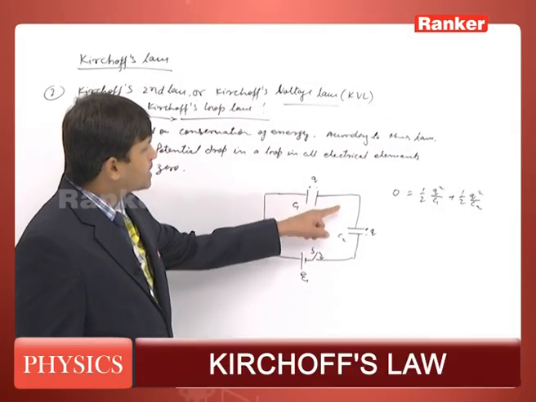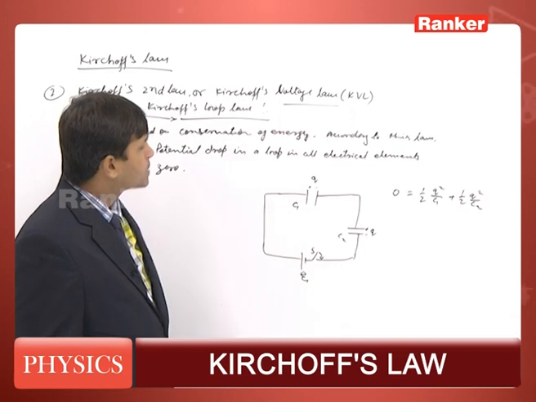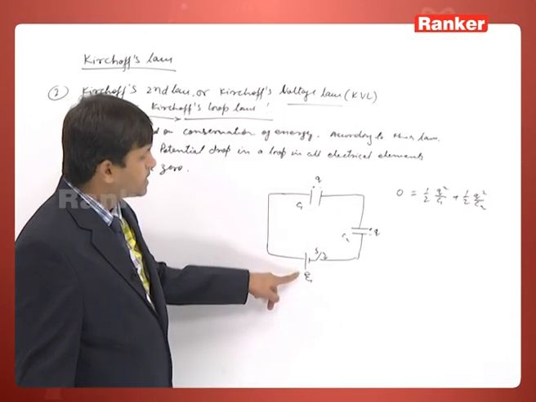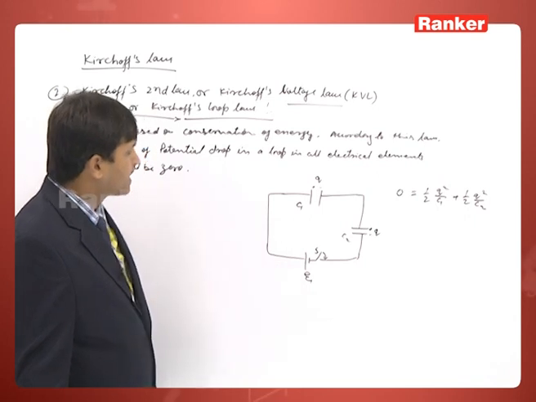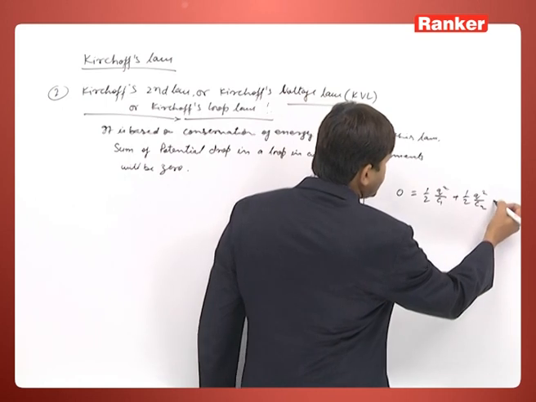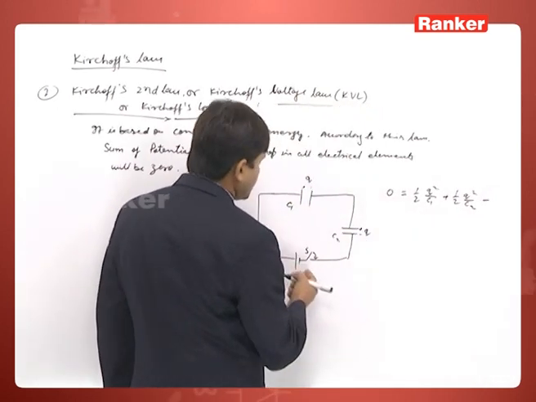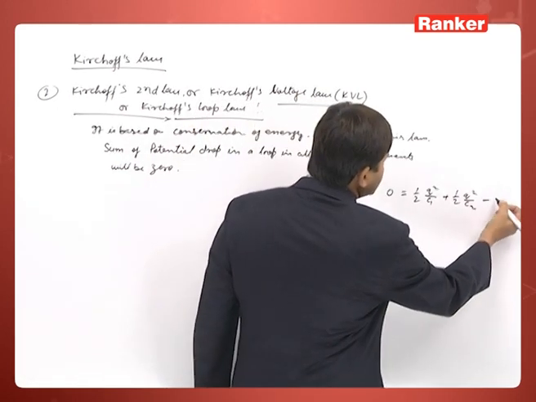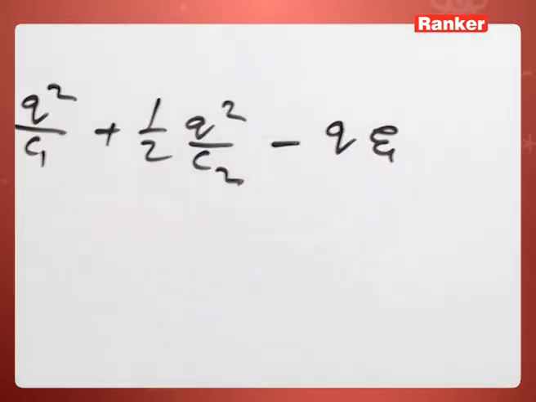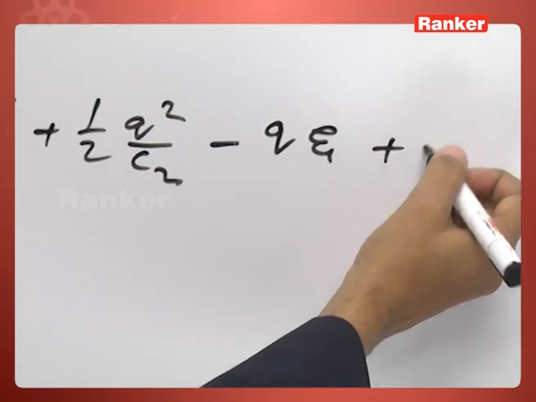And when energy is being stored, from where? What is the source of that energy? Source of energy, your cell. The battery is supplying energy. How much energy is supplied by the battery? That we can say Q into EMF, and plus heat.